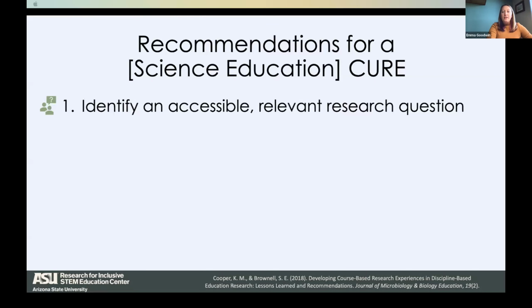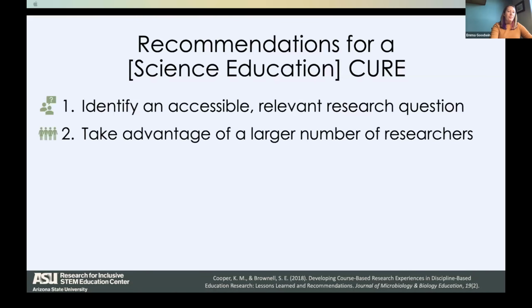So a question that undergraduates can understand and really buy into. Second, to take advantage of a large number of researchers. So many hands make light work. You're working with a bunch of students. It's really useful to find a project that can actually leverage the fact that you're working with many students. So can they do little parts of a larger project?